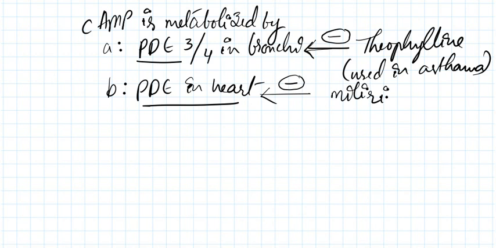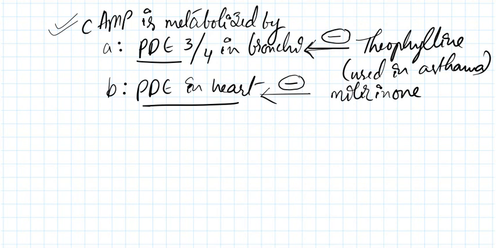Milrinone, I wrote the spelling wrong. Very important question. Milrinone acts by inhibition of phosphodiesterase in the heart, thereby increasing the life of cyclic AMP.